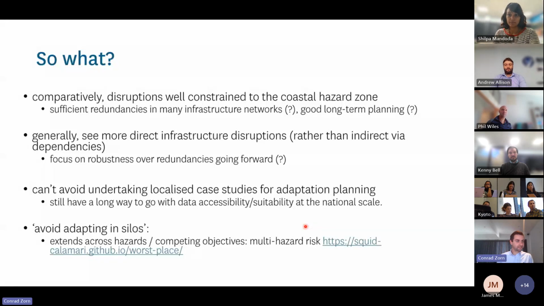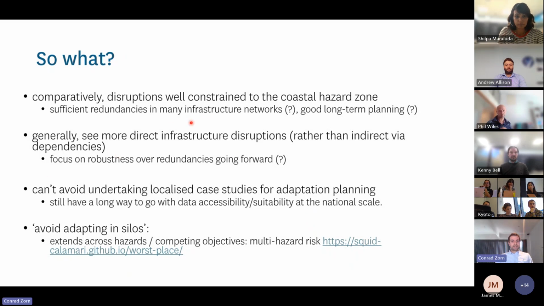We've got sufficient redundancies, as many infrastructure networks, electricity networks and road networks are often designed for redundancies. But it could also be a good case of long-term planning, with key infrastructure assets central to these cascading failures being well planned and slightly removed from the coast, either distance-wise or elevated.